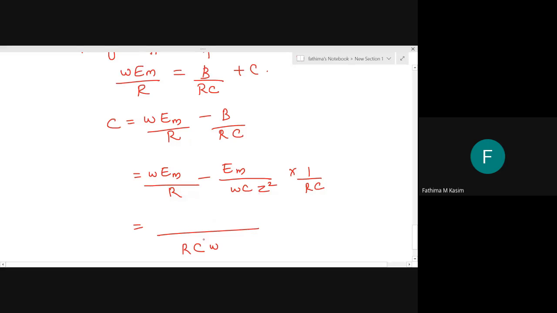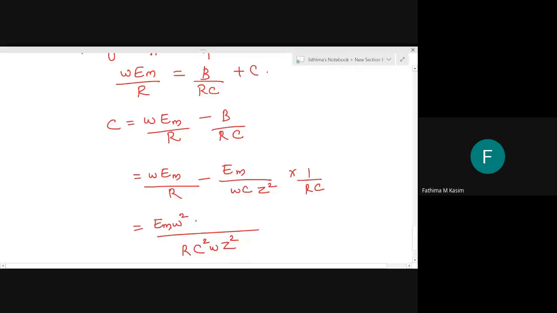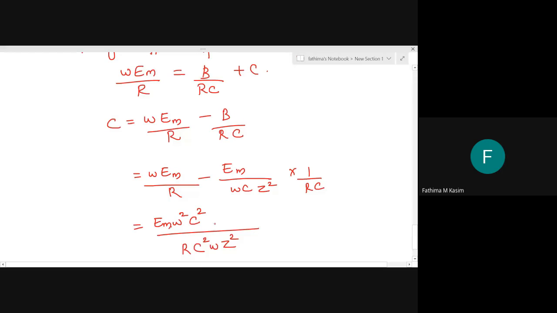So the denominator is R C square omega Z square, and here it becomes EM into omega, multiplied with omega square C square Z square. So omega EM into omega, I'll write it like that itself so there shouldn't be any confusion.